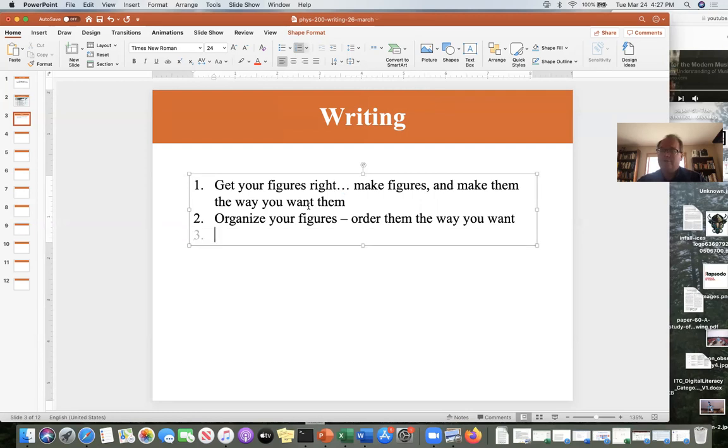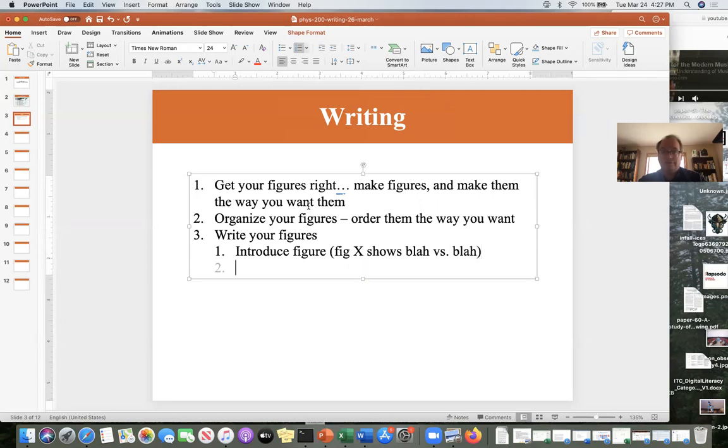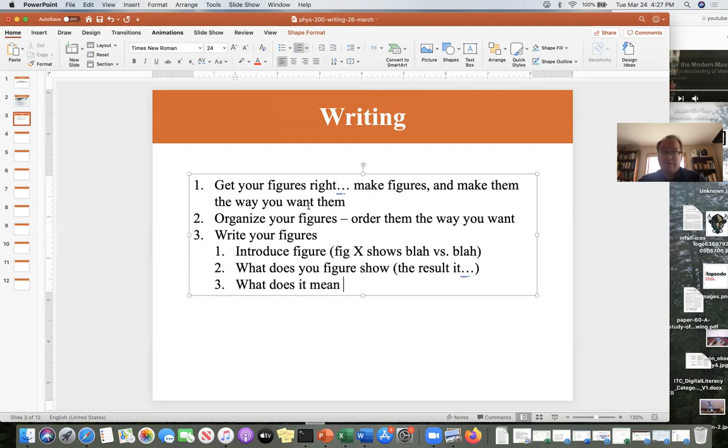Third, once you've gotten your figures set, then simply write your figures. Introduce the figure. Figure X shows blah versus blah. Then, what does your figure show? The result is, what does it mean?